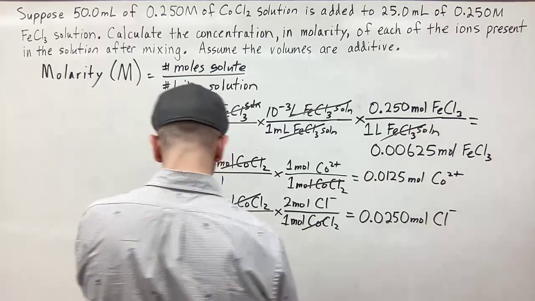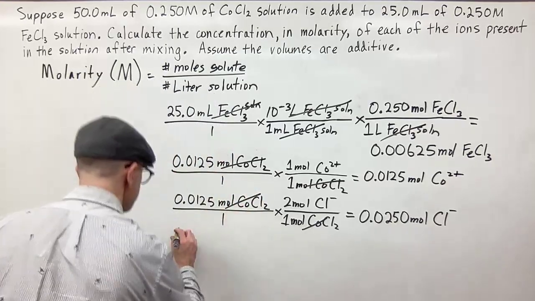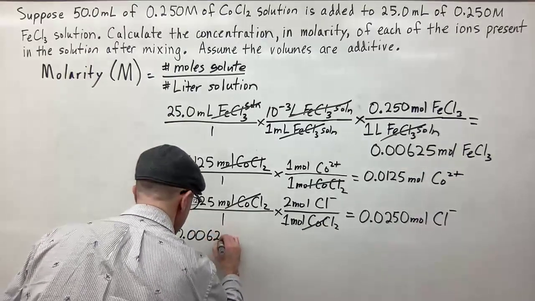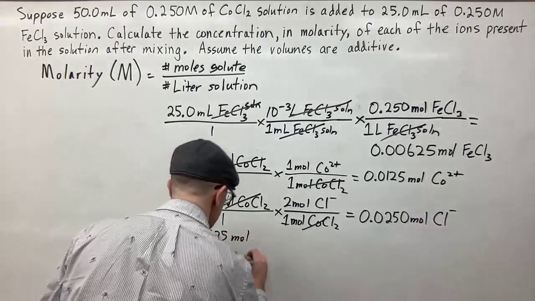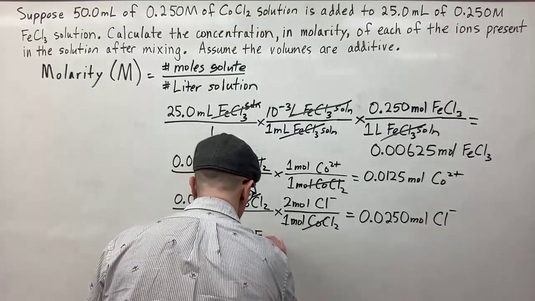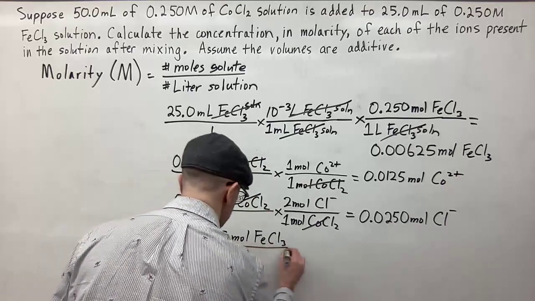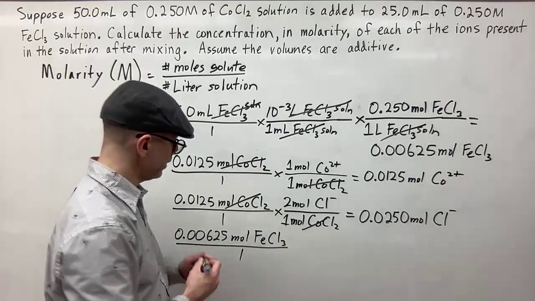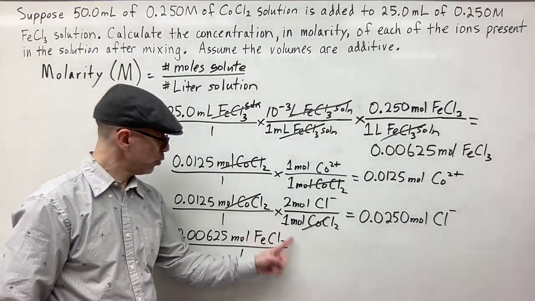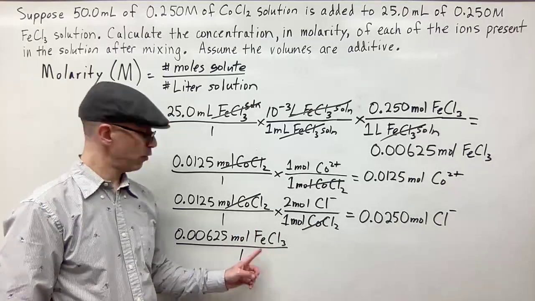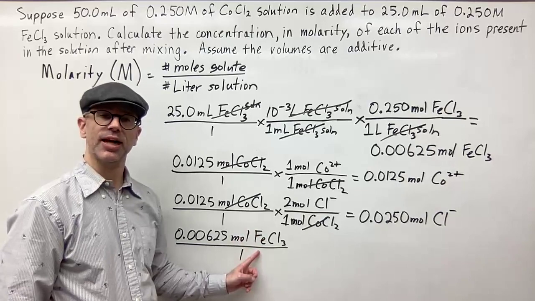Okay, so we're going to take 0.00625 moles of iron 3 chloride. Once again, for every one formula unit of the iron 3 chloride, I have one atom of the iron.